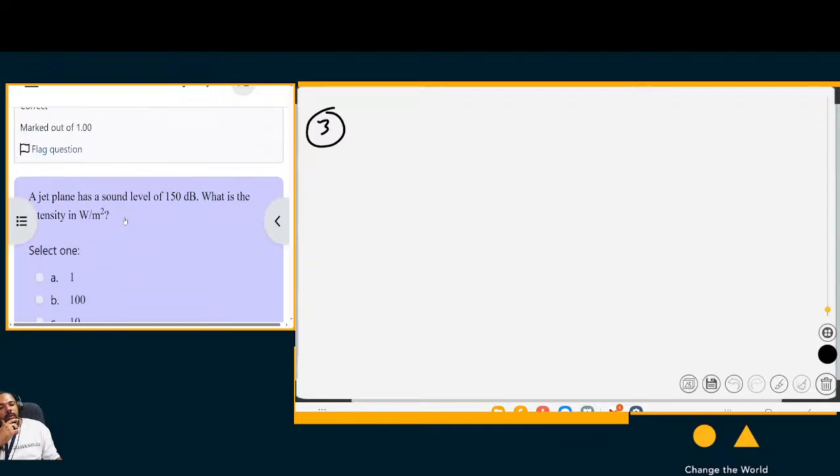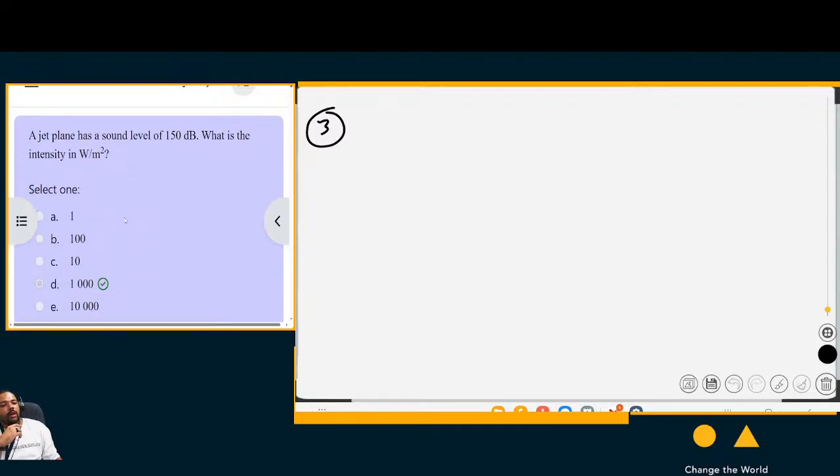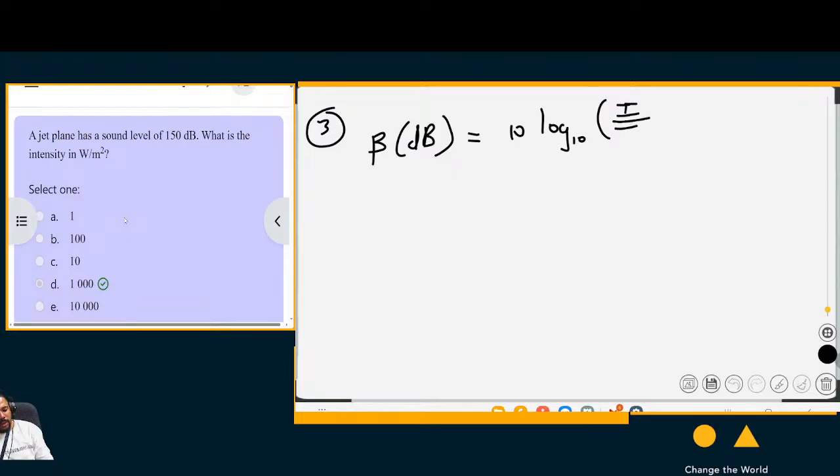A jet plane has a sound level of 150 decibels. What is the intensity? Okay, so how do we calculate intensity? We know that sound level in decibels is equal to 10 times the log with base 10 of the intensity of that sound wave divided by the threshold of hearing.